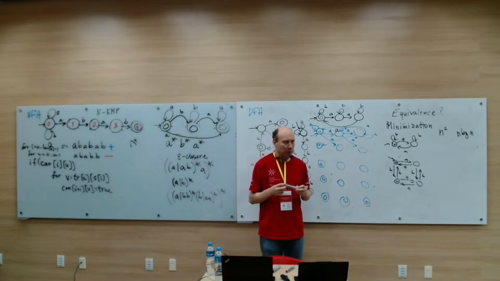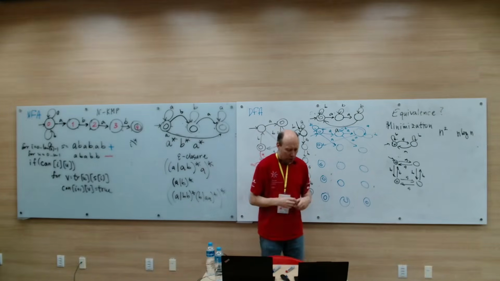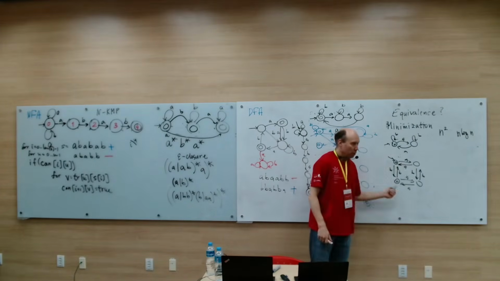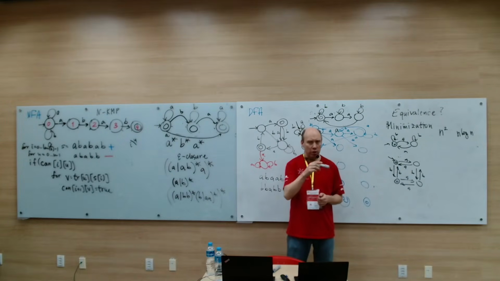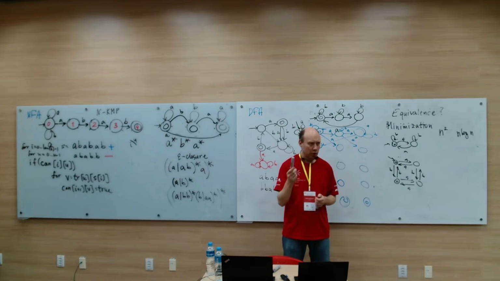What does it mean, equivalent? Equivalent means that if we are in one of the states, we cannot tell in which one by only following the letters and checking if we are in the terminal condition.